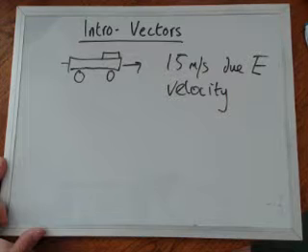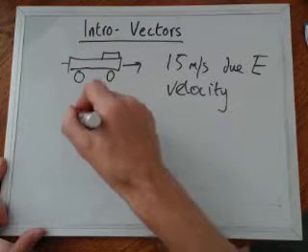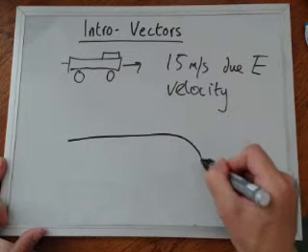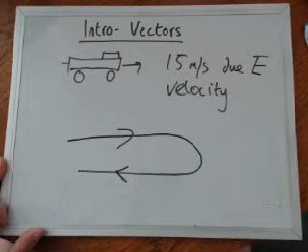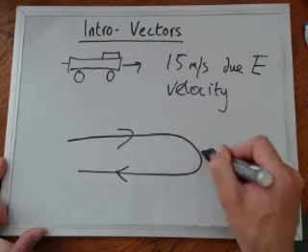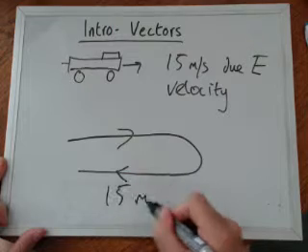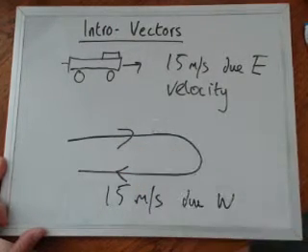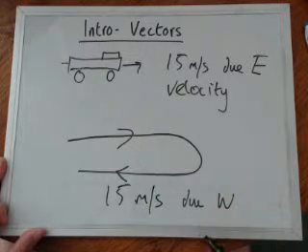However, if the car came to a roundabout, so here's the car coming along, and it turns direction like that, the velocity would change, because here it's 15 meters per second due east, but it's changing, and then in fact, it's going 15 meters per second due west. So there's a change in velocity. In fact, it's accelerating as it's going around the corner there.